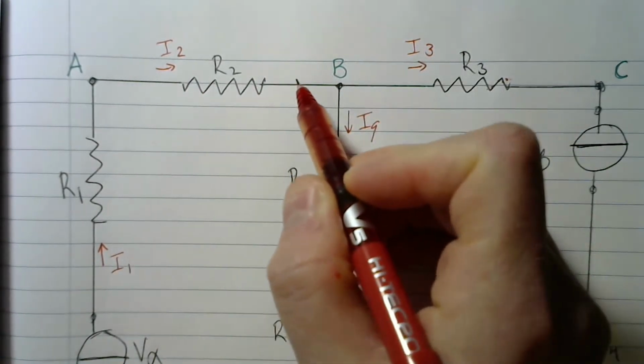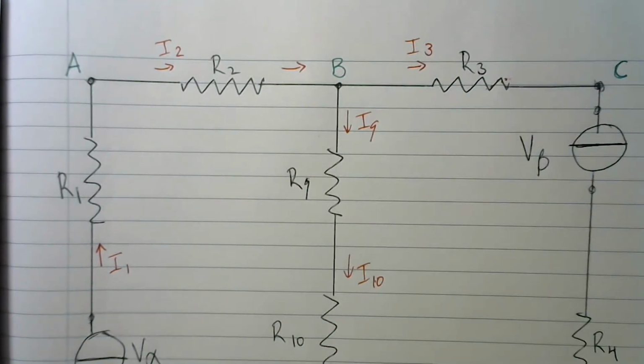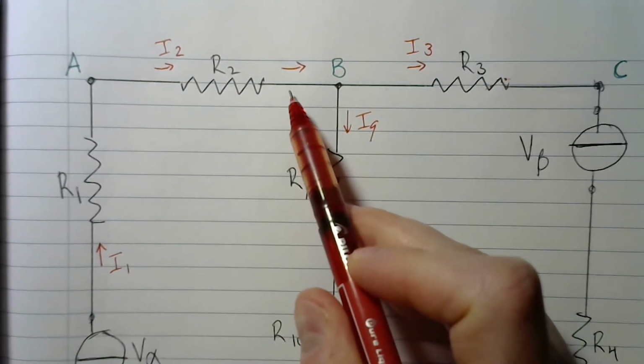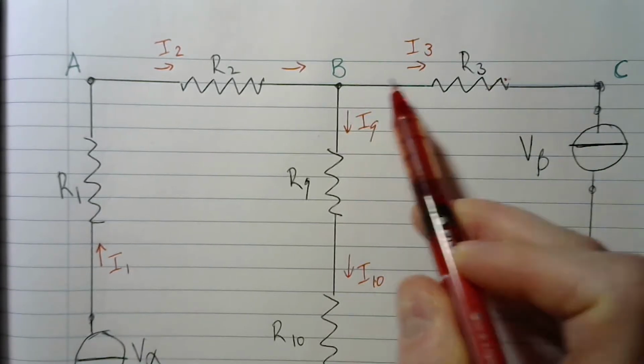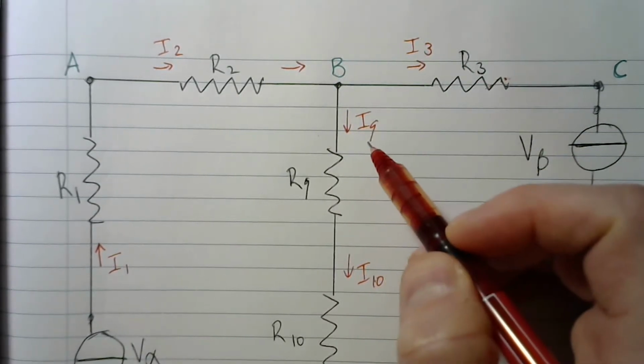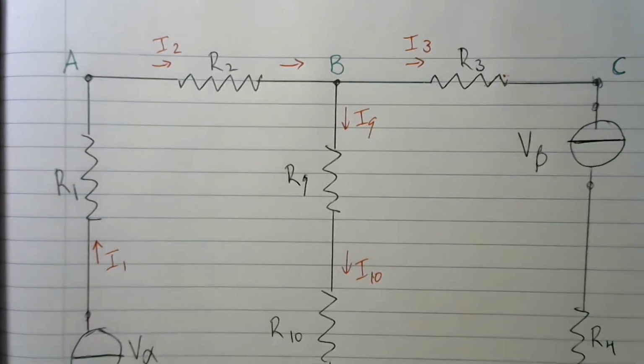So I have I2, which is continuing to flow over here. So I2 is entering junction B. Then I have I3, which is flowing out, and I9, which is also flowing out.